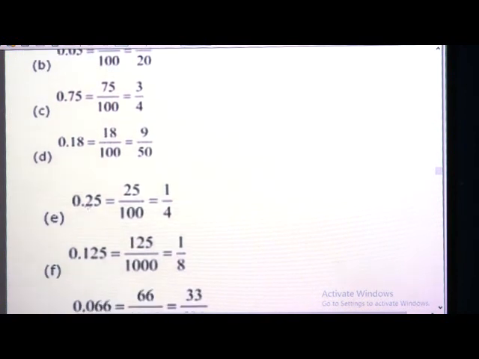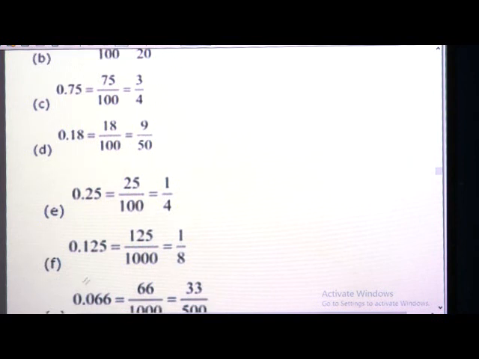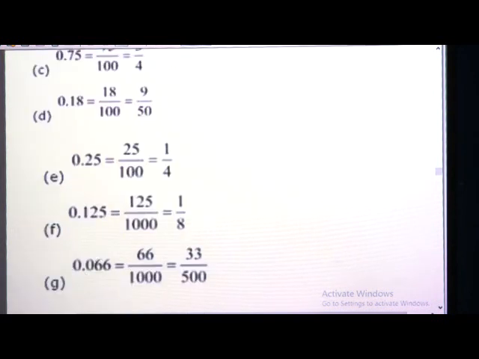Here, we have 0.25, 25 upon 100. So, we get 1 by 4 as lowest term. 0.125 is equal to 125 upon 1000, which is equal to 1 by 8.